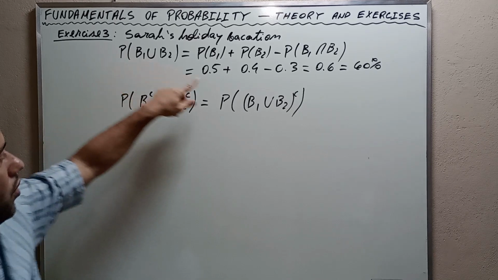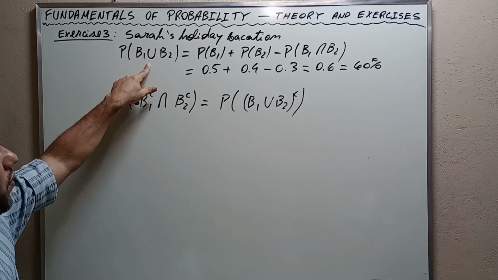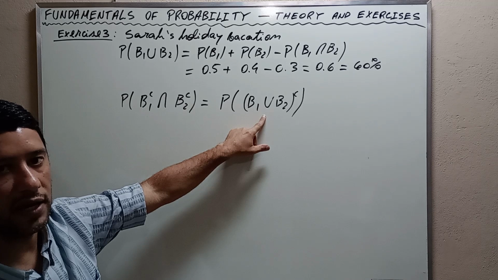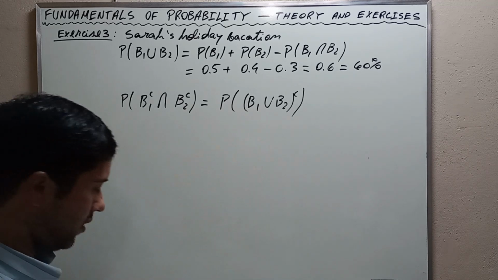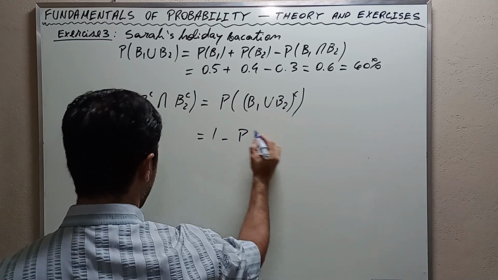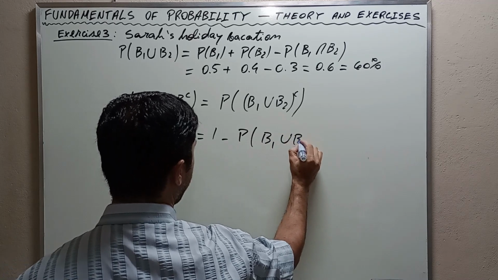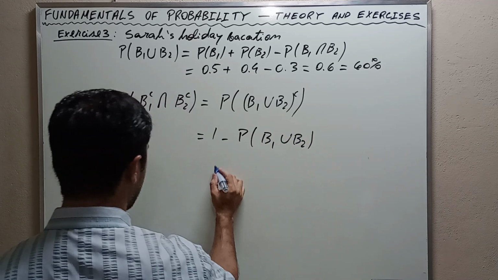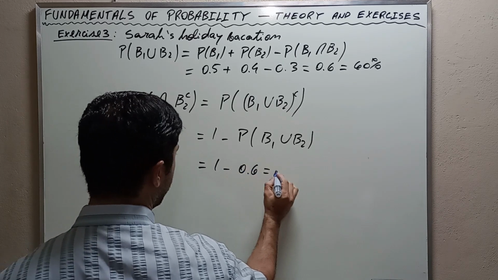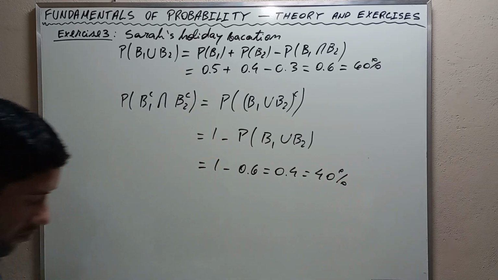This is her liking at least one of the books, and this is when she does not like any one of them. And this is equal to 1 minus the probability of the union that we just calculated, and it is 1 minus 0.6, which is 0.4, or if you prefer, 40%.